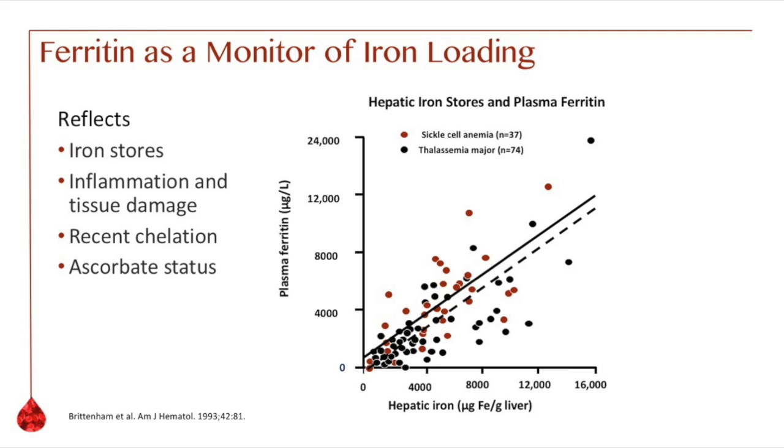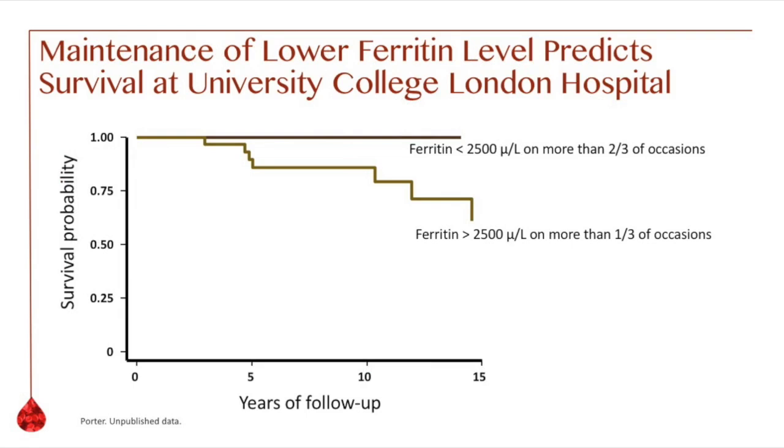Another problem with ferritin is that there is no clinical data that relates risk from iron overload to ferritin level in sickle cell disease. The only available data is in thalassemia patients who were treated at University College London Hospital and followed up to 15 years. Patients who had a ferritin level of less than 2,500 micrograms per liter on more than 2/3 of all occasions had better survival probability compared to those who had ferritin levels of greater than 2,500 micrograms per liter on more than 1/3 of all occasions.